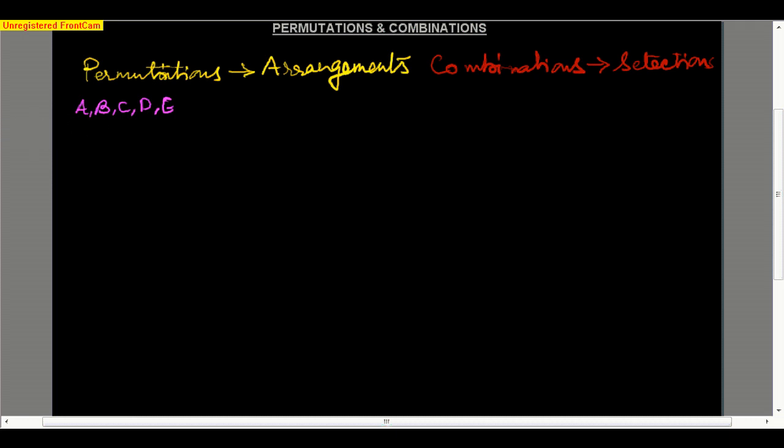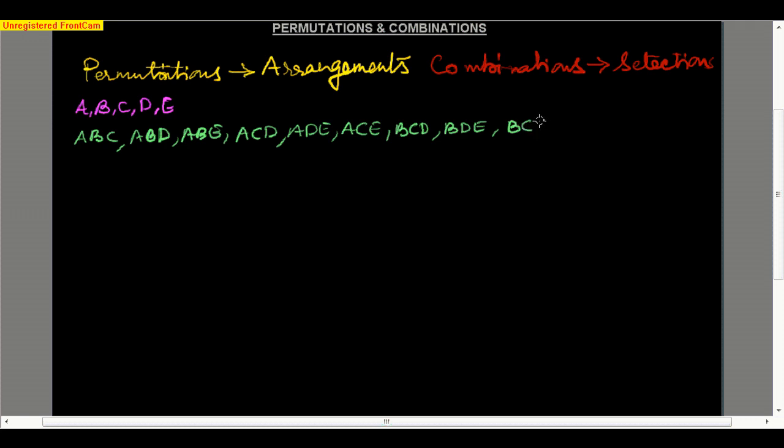We could select ABC, ABD, ABE, ACD, ADE, ACE, BCD, BDE, BCE, and CDE.